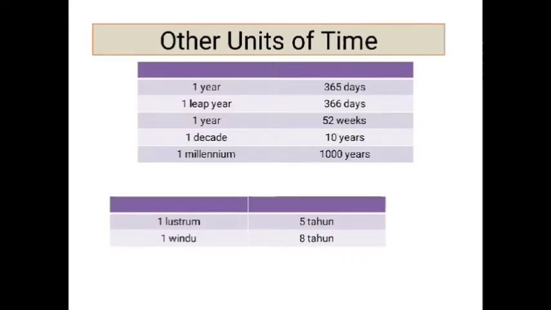Dan juga 1 windu atau sewindu terdiri dari 8 tahun. Jadi, kalau 1 lustrum 5 tahun, bagaimana dengan 3 lustrum? Ada berapa tahun dalam 3 lustrum? 3 times 5 equals 15. So there are 15 years. 15 tahun dalam 3 lustrum.